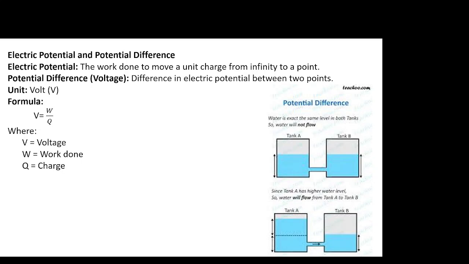It is represented by capital V, and the formula is W upon Q. W is the work done, and Q is charge, because whenever a charge moves from one point to another point, work is done by that charge. So the formula for electric potential difference is work done upon charge. Its unit is volt. Okay.